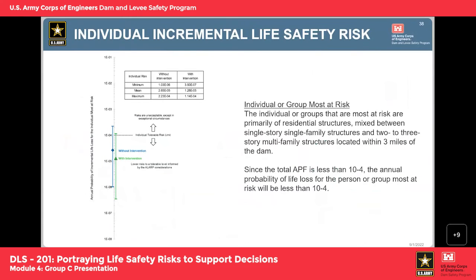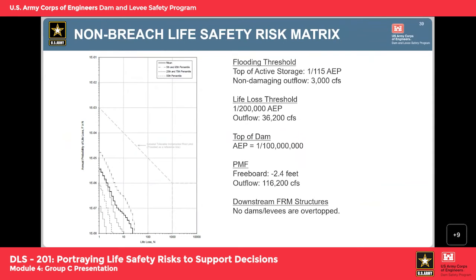So the individual incremental life safety risk: the individual most at risk lives in a primary residential area mixed between single-family, single-story homes and 2 to 3 story multifamily homes within the first 3 miles. But as you can see, the plotting position is below the individual tolerable risk limit. Okay, so non-breach life safety risk.